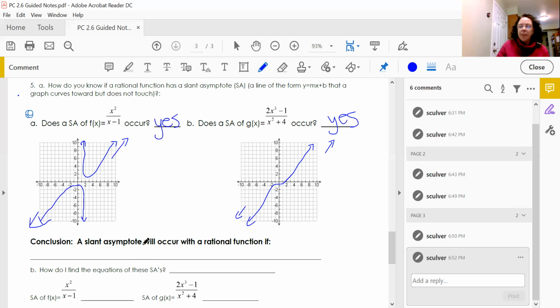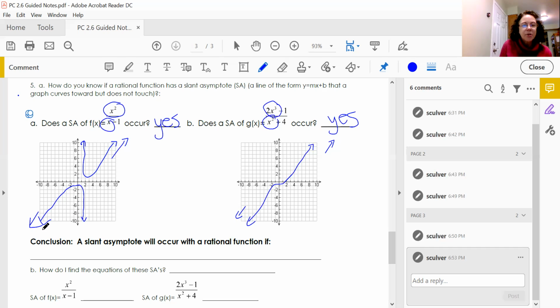So conclusion, how do you know when you'll have a slant asymptote? Take a look at the numerator on A. The degree is 2. The denominator on A: the degree is 1. Let's go to B. Degree of the numerator is 3. The degree of the denominator is 2.